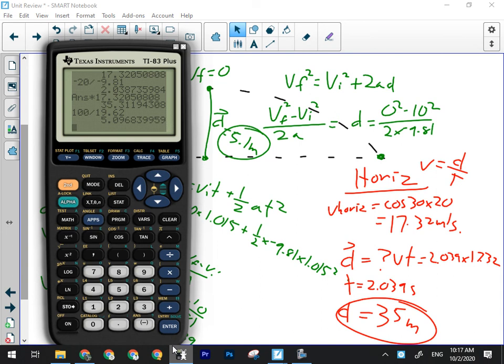So 10 times 2.03 over 2, plus 0.5 times negative 9.81 times 2.03 over 2 squared. Exact same number, 5.1 meters.